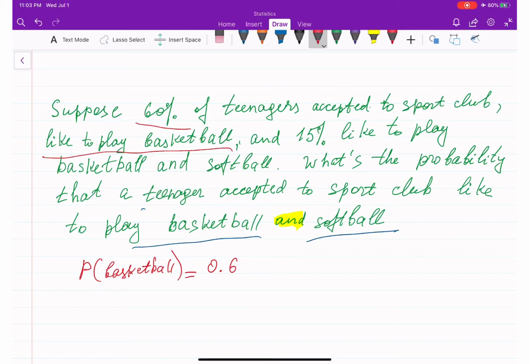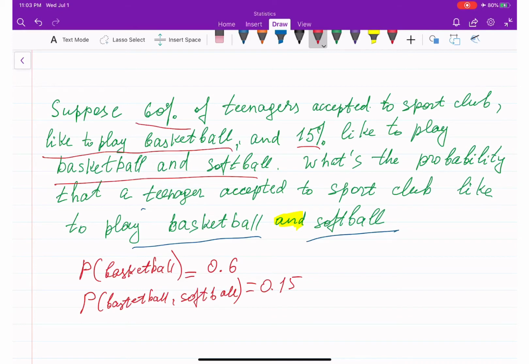Okay, and probability of basketball and softball here is 0.15.